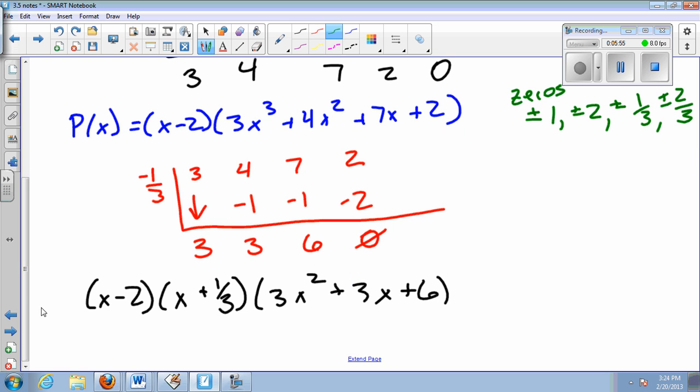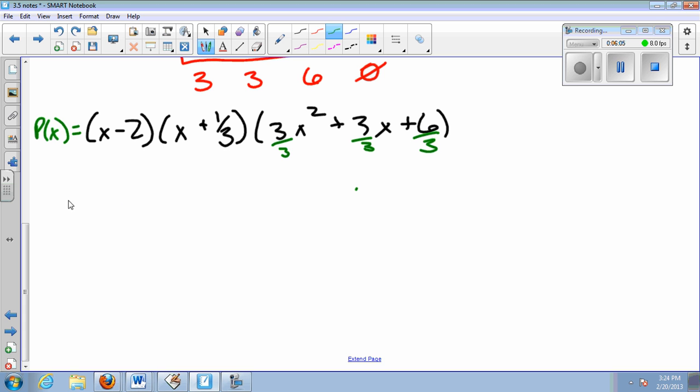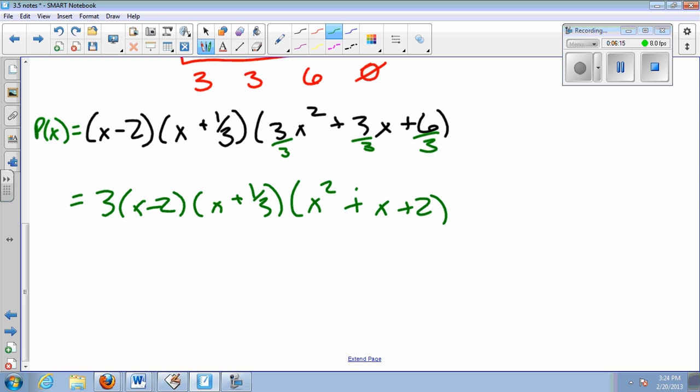And I'm going to go ahead and factor out a 3 from the trinomial. I'm going to put it up front. And we know that we had to use the quadratic formula here to solve for x.